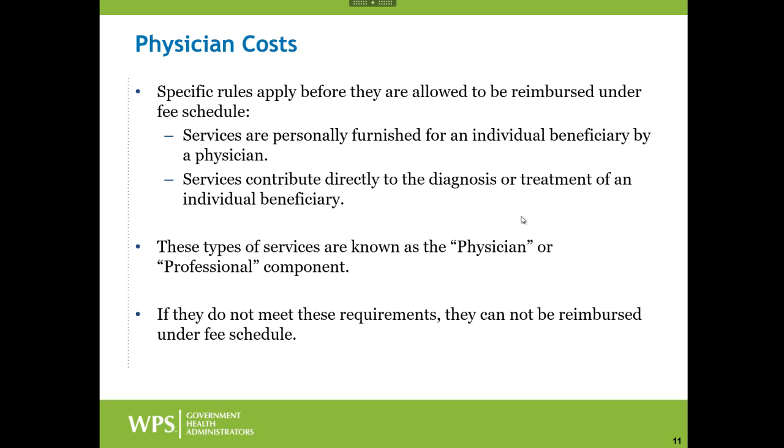I said that there could be physician services to the patient. There could also be these other types of physician services that are more to the hospital as a whole. So we're going to talk about when can one of these physician services be reimbursed under the fee schedule. Because if it is fee schedule, we need to adjust that corresponding cost off of the cost report.